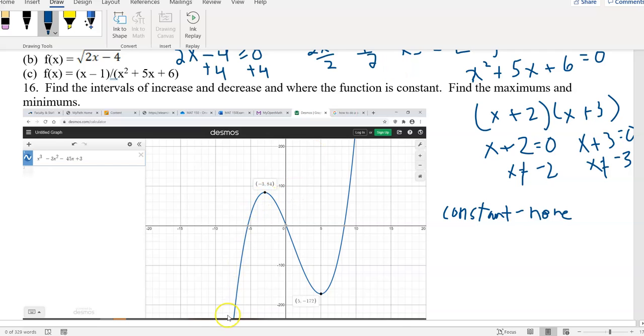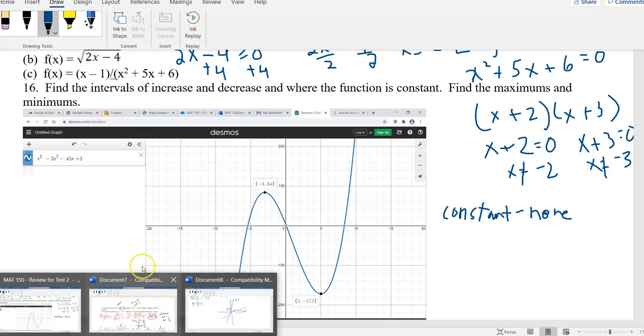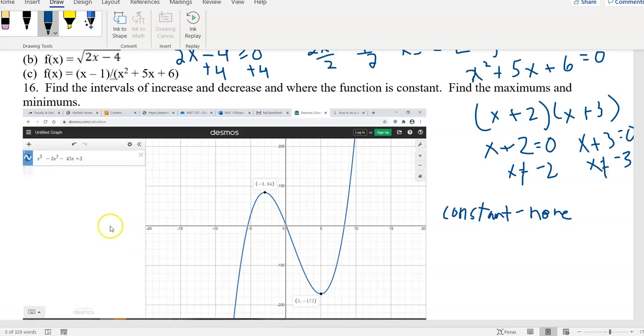Now let's realize that the x values over here as we go to the left are negative infinity. They're out this way. So for our first increasing interval, think of those x values stretching out in this direction as that goes downward and outward.